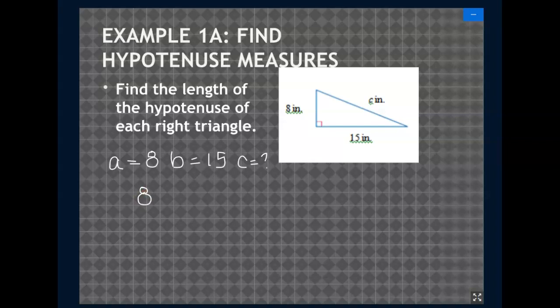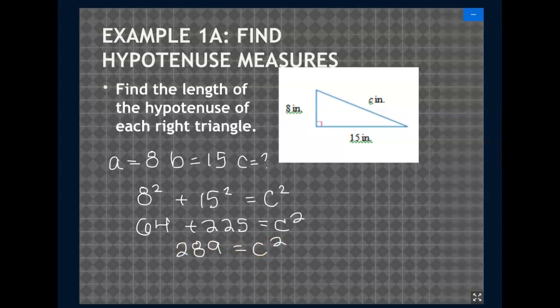So you have 8 squared plus 15 squared equals C squared. Probably by the end of this year, you will have all your squares memorized. So 8 squared is 64, 15 squared is 225, equal to C squared. When you add them together, you get 289.